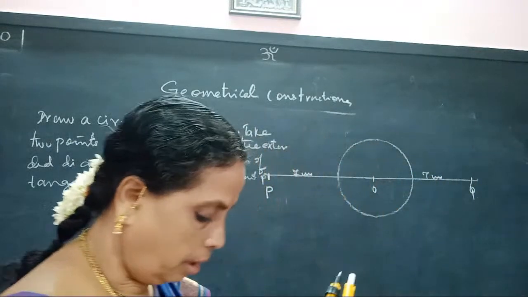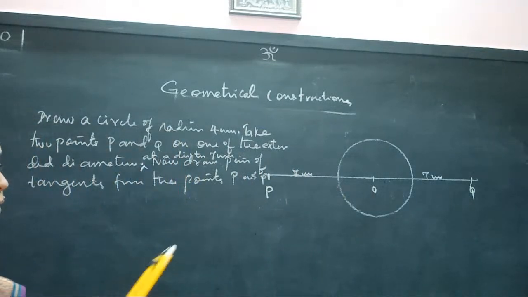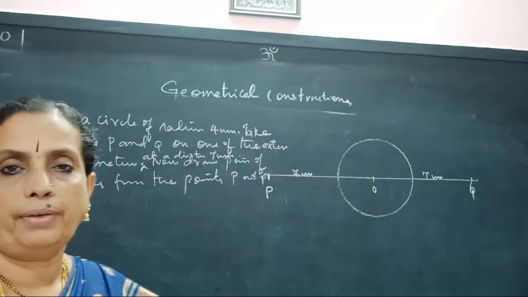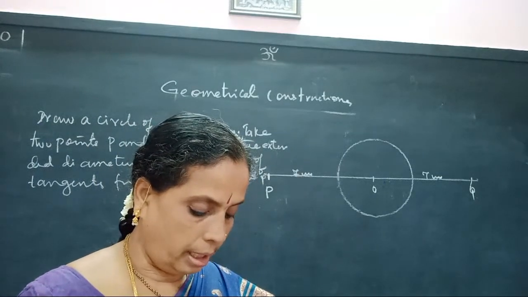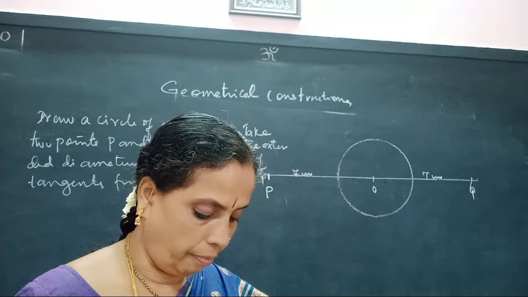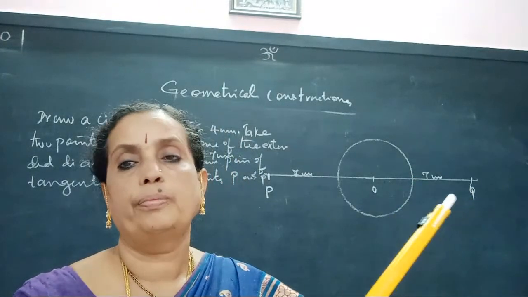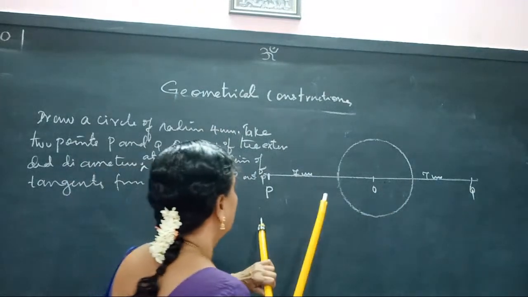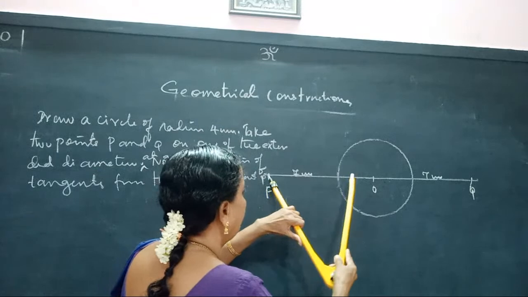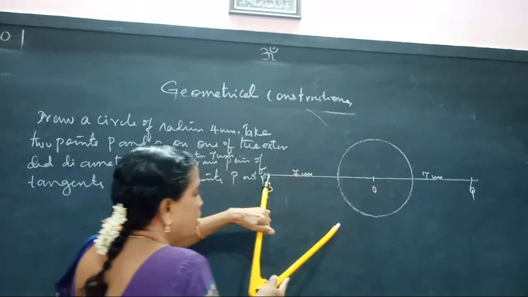Now consider P as an external point. Like the previous construction, draw a pair of tangents. Q as another external point and construct a pair of tangents from the point Q also. Now draw the perpendicular bisector to it like this.